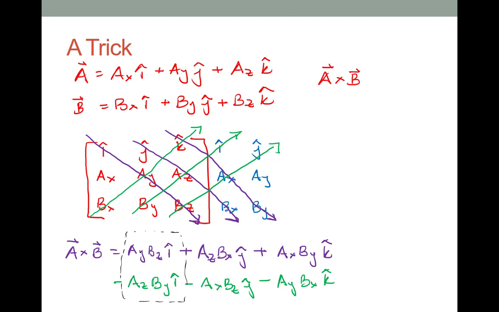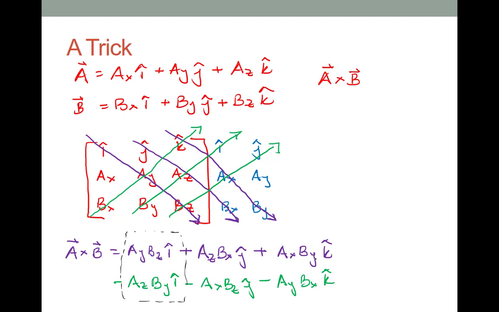Here I have AY, the Y dimension, BZ, and it is in the I hat or the X direction. If I look at the J hat direction, I have AZ, BX, and J because it's in the Y direction. And then lastly, I have AX, BY. It's pretty obvious K is in the Z hat direction. Okay. So that is my trick. I hope it helps you.